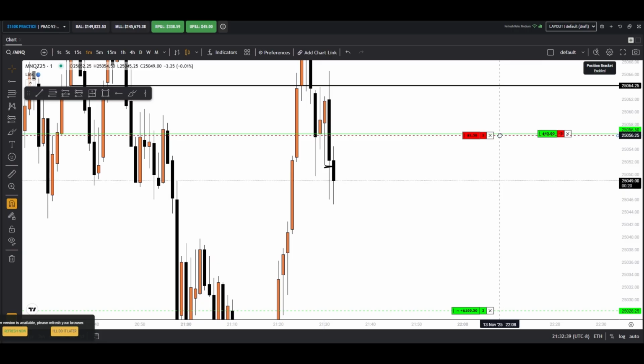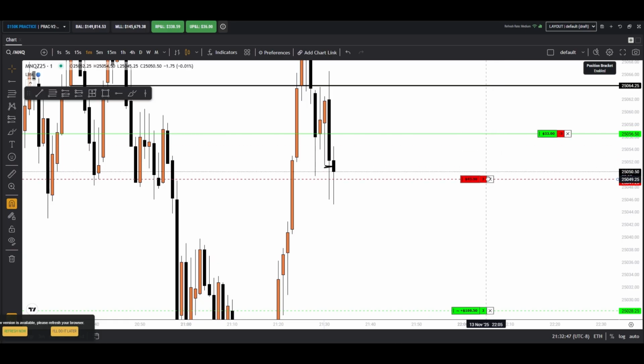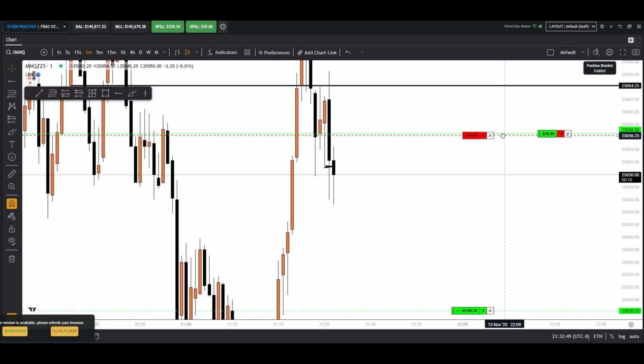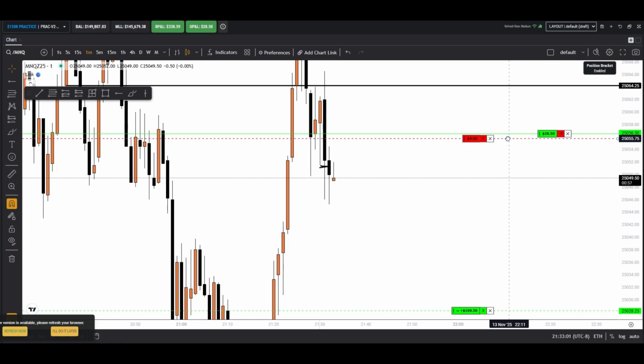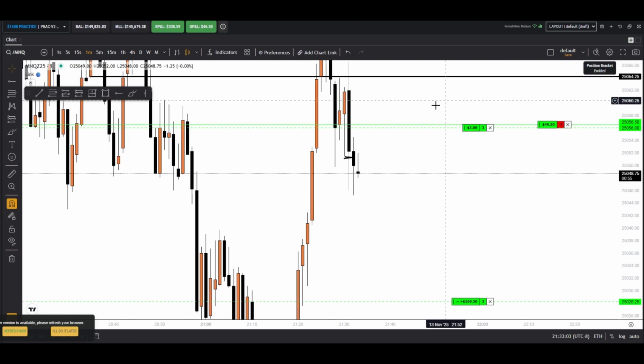Other than that, I will let this run. So if we don't close this interior low here, then I will break even. Didn't close, so I'm going to break even anyway.